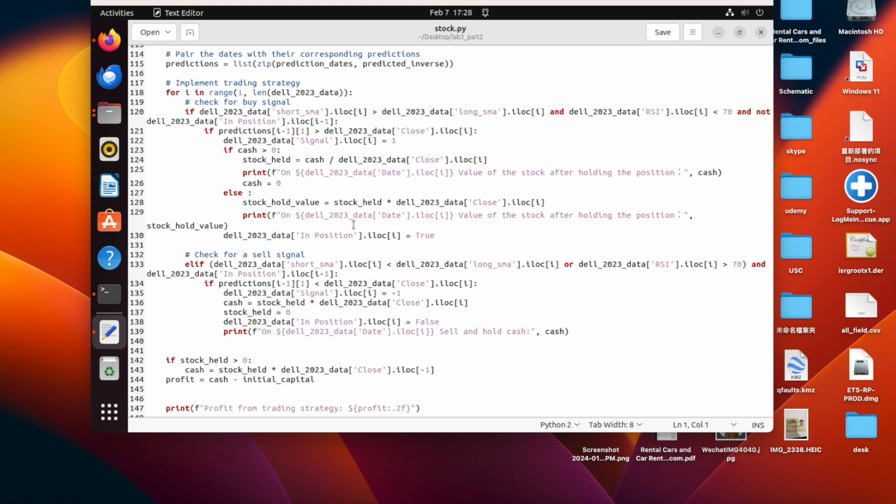Yeah. So we will use the short SMA and long SMA and RSI indicators to check whether the stock should be bought or sold.